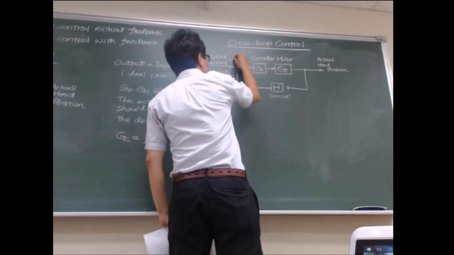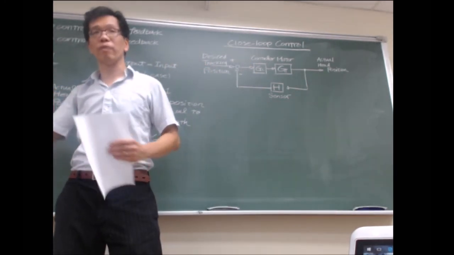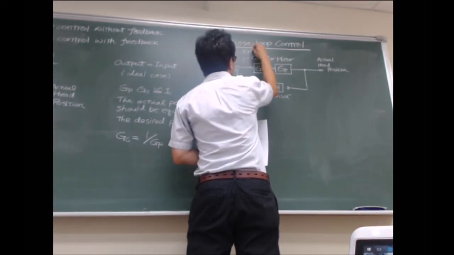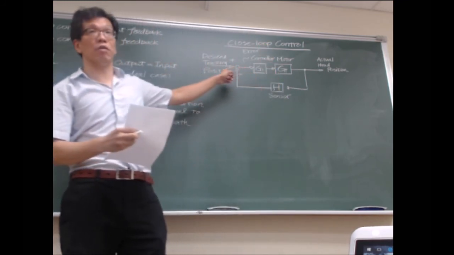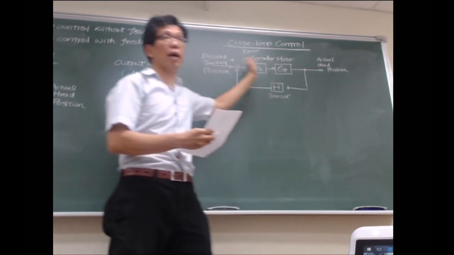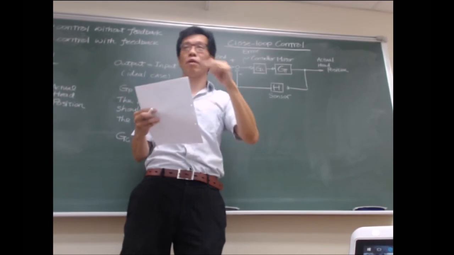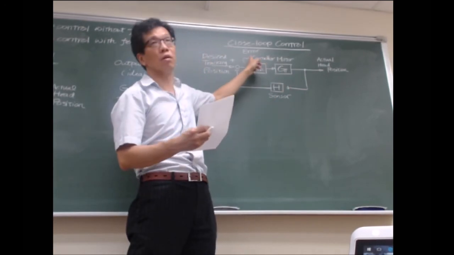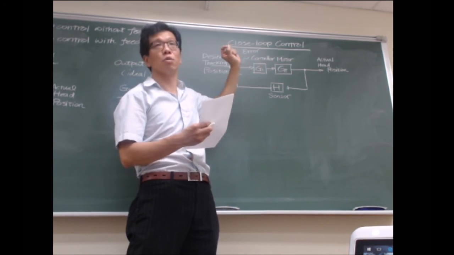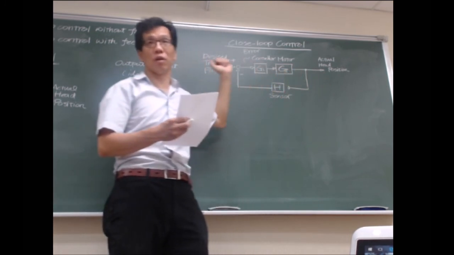So we put plus and minus. Your desired minus your actual position, the output becomes your error. So this is your error signal. How much difference between my actual output and my desired input? That is your error signal. For the rest of the semester, we will analyze the error signal, because we try to get the error equal to what? 0. Because when error equals 0, it means that your output is the same as your input.